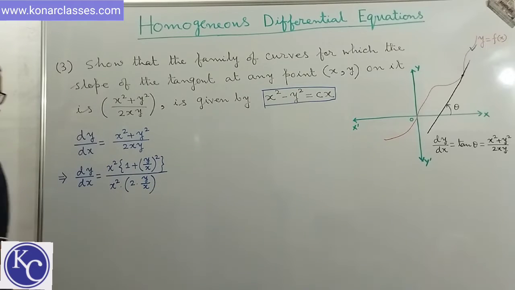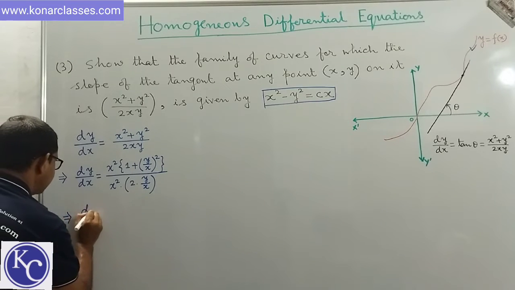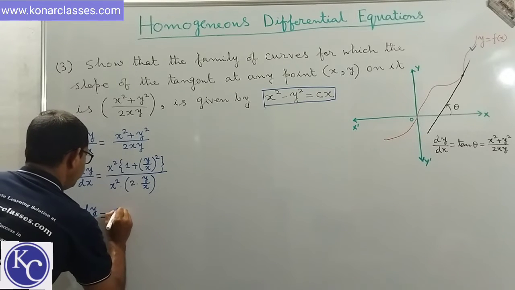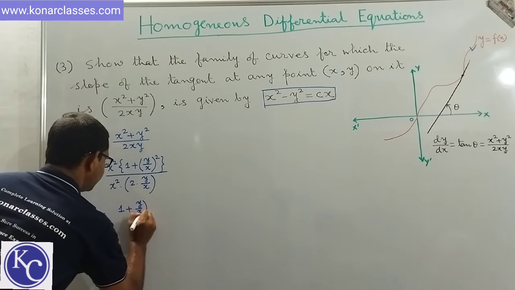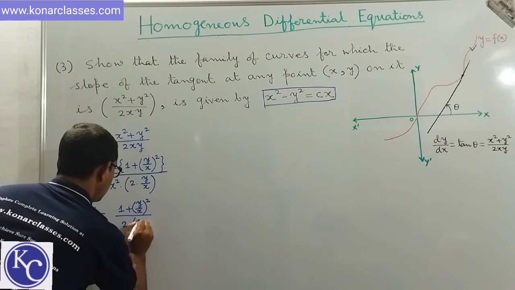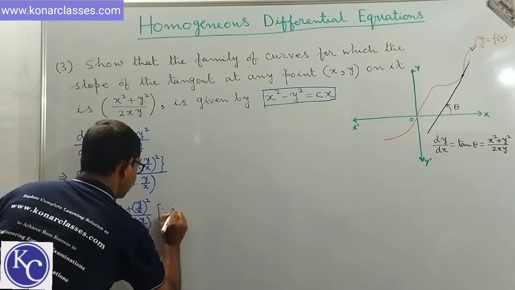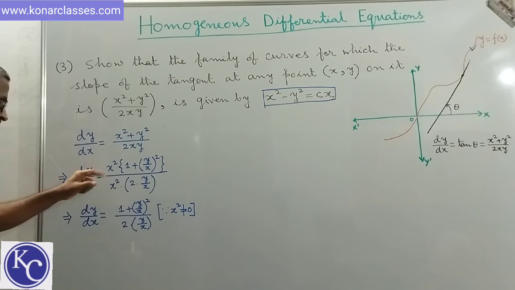Now this x square in the numerator and x square in the denominator will get cancelled. So we get dy dx is equal to 1 plus y by x whole square divided by 2 into y by x. Since x square is not equal to 0, you are able to cancel from both the numerator and denominator.